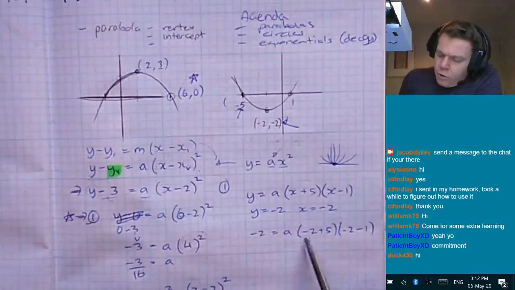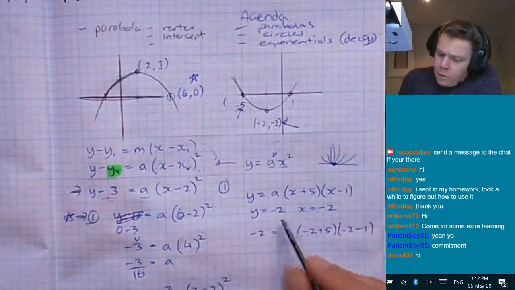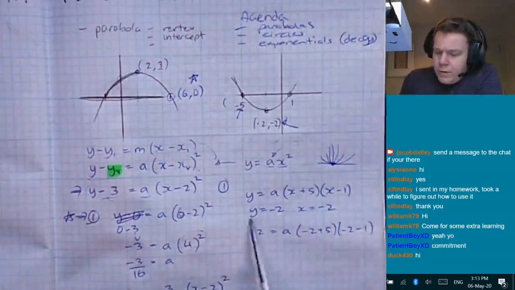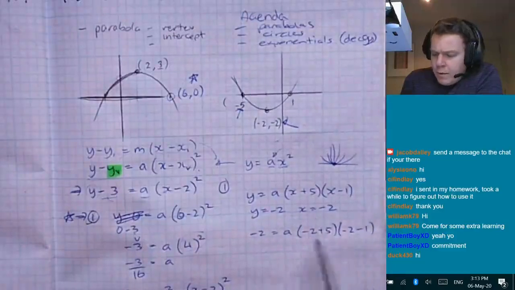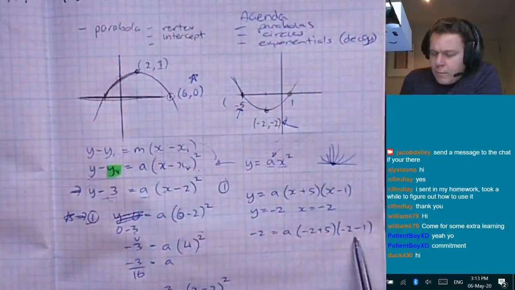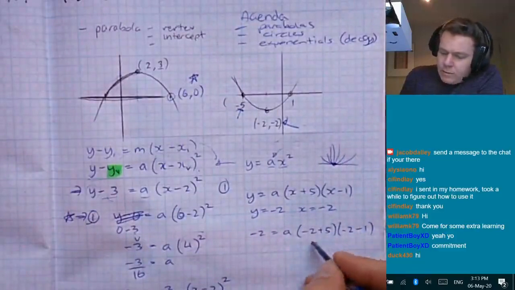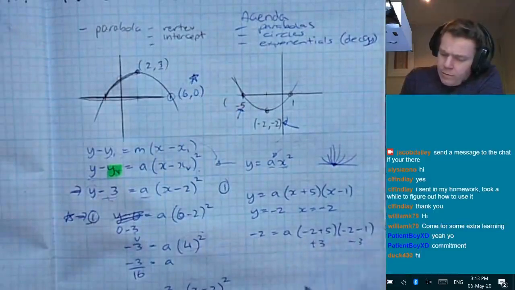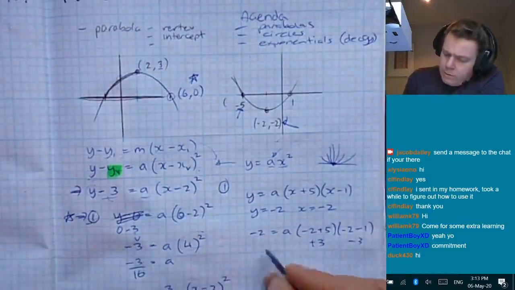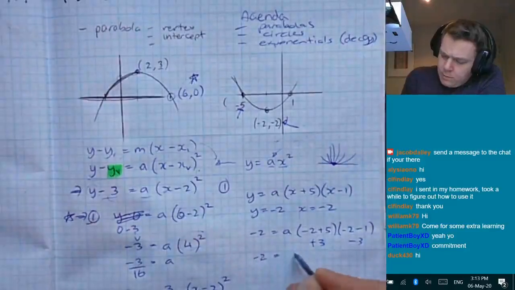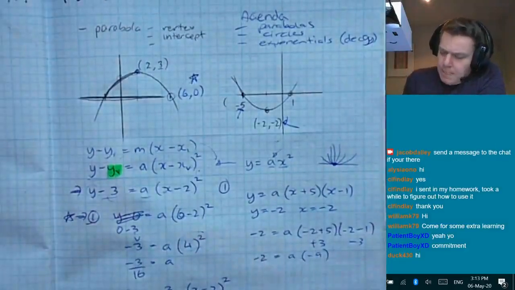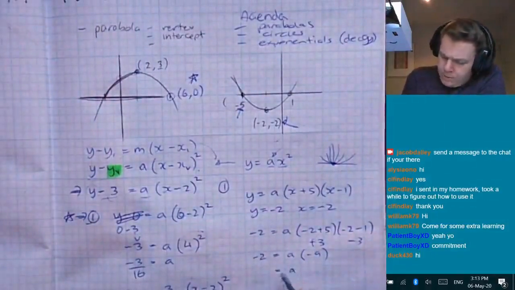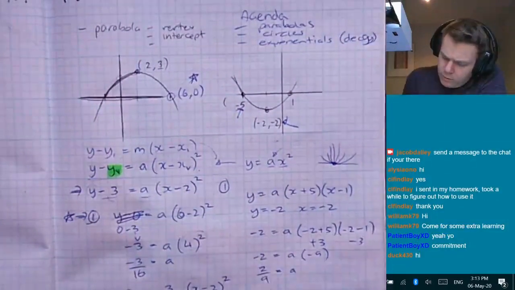I'm pretty sure this happens every time, but when you put in the vertex coordinates, both your brackets tend to be direct opposites. So this is going to be positive 3, and this is going to be negative 3. So you multiply those together, you get negative 9. So negative 2 equals a times negative 9. So our shape factor equals 2 ninths.